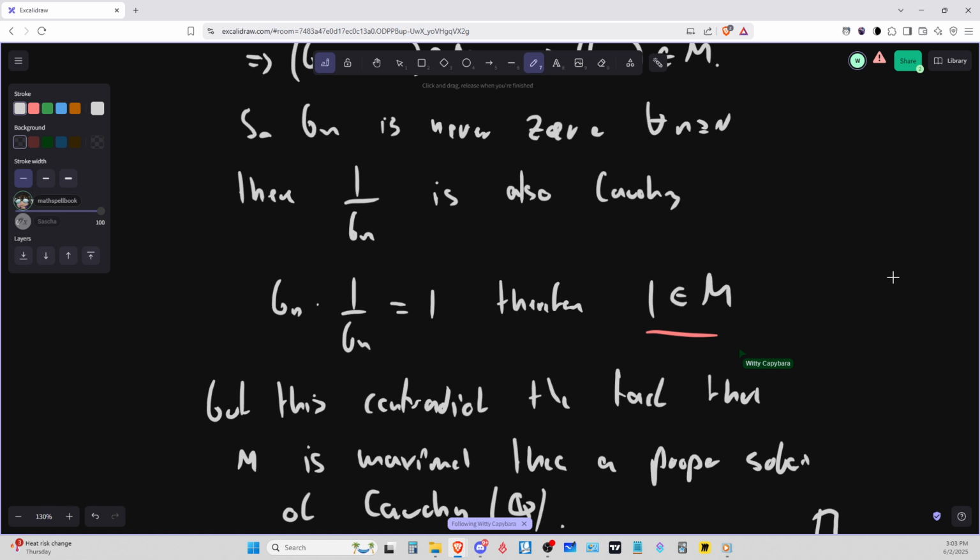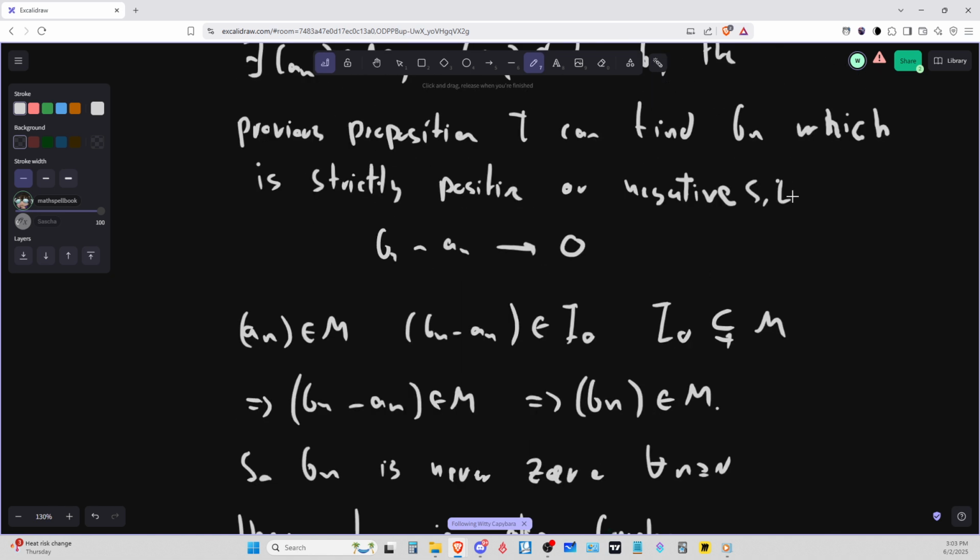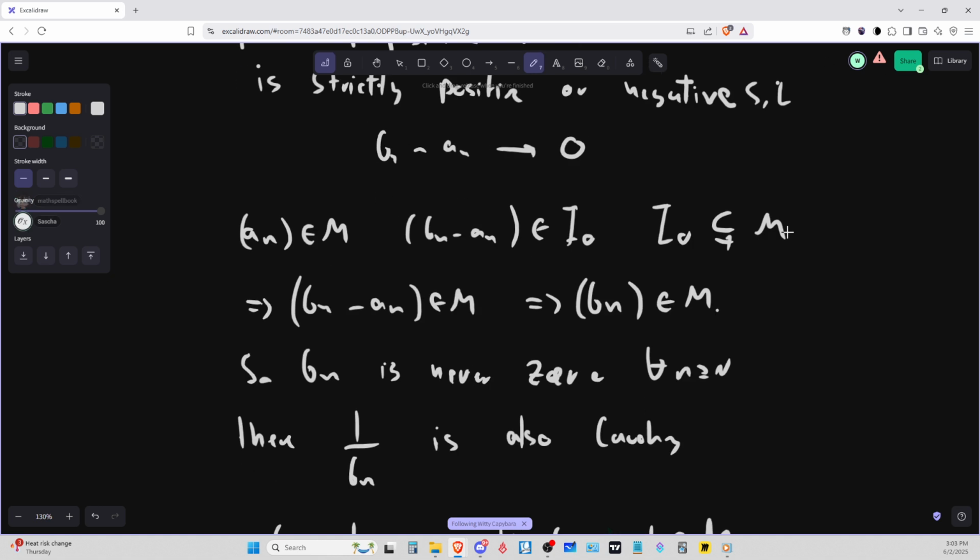Basically 1 over Bn is Cauchy. Here I use the fact that Bn is Cauchy and the fact that Bn is never 0. And because we're assuming that they're Cauchy within the rational numbers, that's why you can have 1 over Bn in this case.